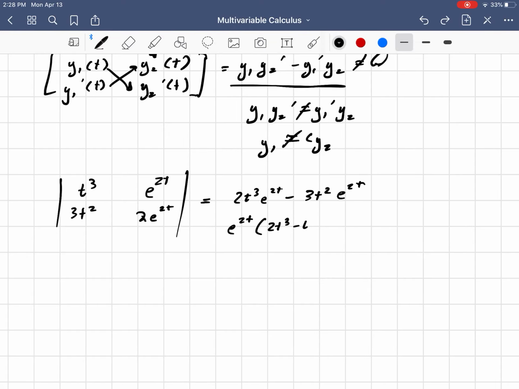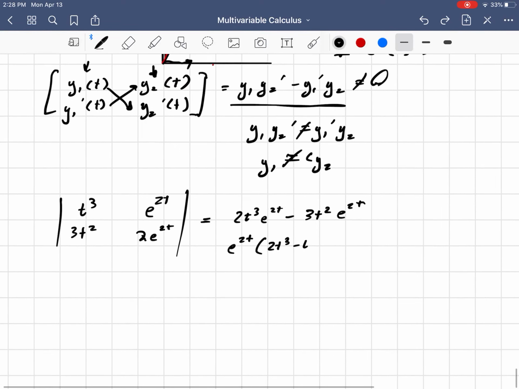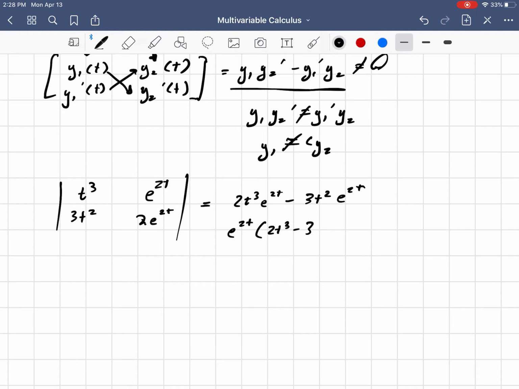And so we could make it e to the 2t times 2t cubed minus 3t squared. And we're going to be looking at when this is 0. This e to the 2t is never 0, so we can just get rid of it.